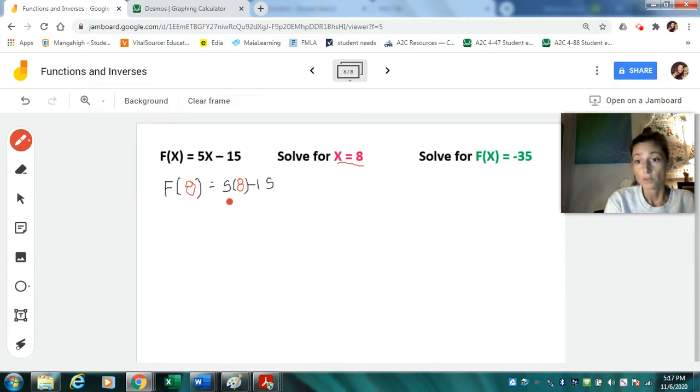So using PEMDAS, first up is I can do multiplication, and that's before I can do subtraction. So first I'm going to do 5 times 8. That makes 40. And then I still have that minus 15. And 40 minus 15 is 25.